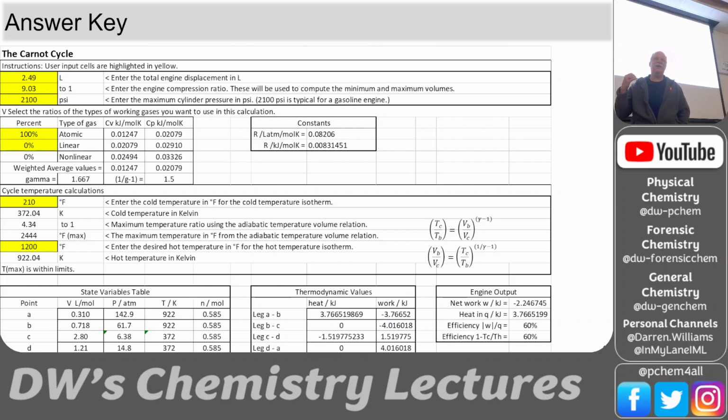And that's why I like Excel, right? You build the equations once, and then you go up and change delta V, or change the compression ratio, or change the pressure max, or change the temperature, or change the gas from monatomic to linear to nonlinear. Okay. And so this is going to teach you a lot about the Carnot cycle because you're putting in all the equations and building a Carnot cycle spreadsheet that you can play with.